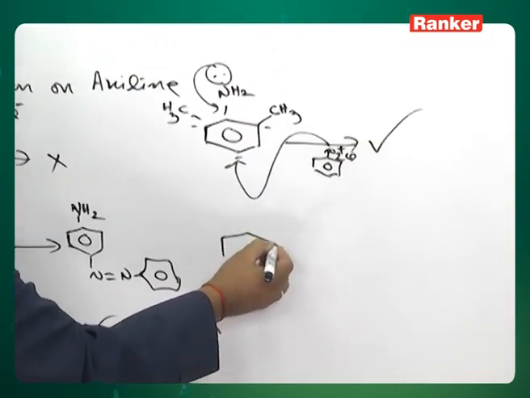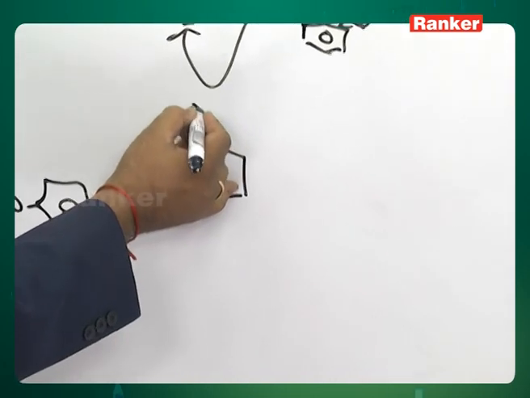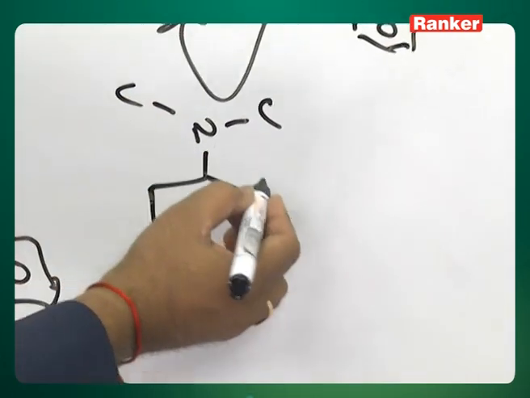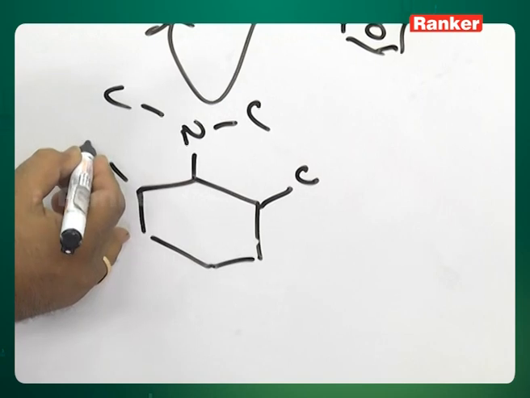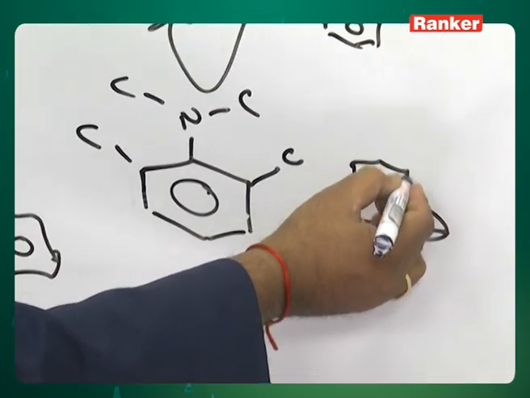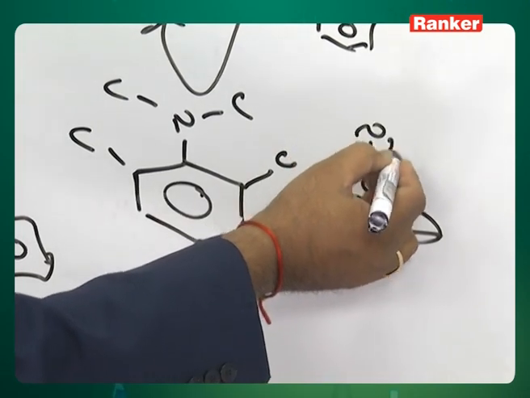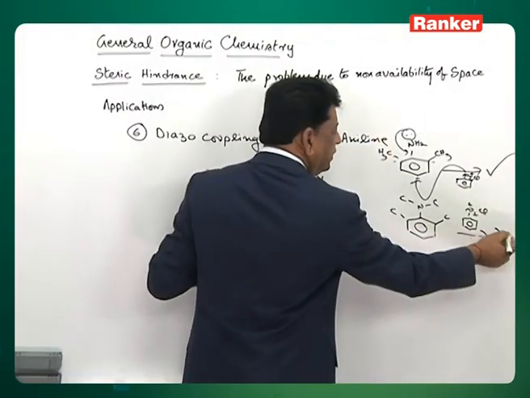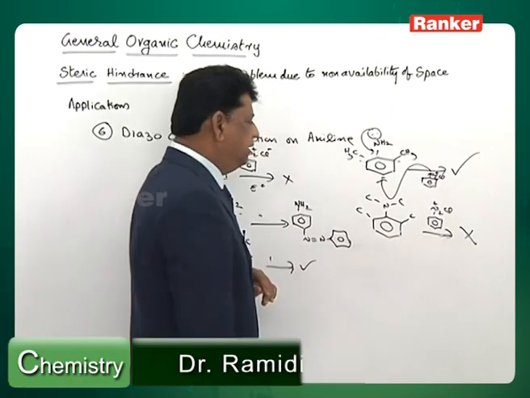Now, the last explanation, see here, a nitrogen containing two methyls and the benzene also having two methyls. Now, if you are proposing the reaction, the reaction is failing. It is not taking place. Why it is not taking place?